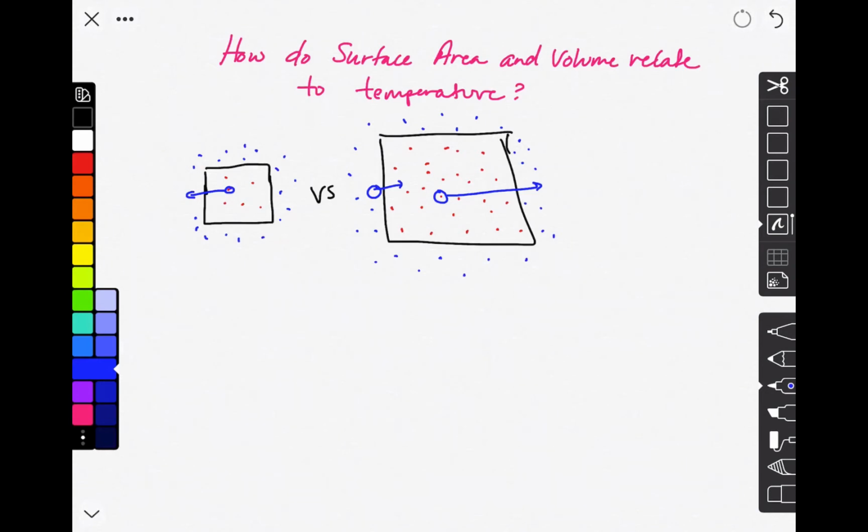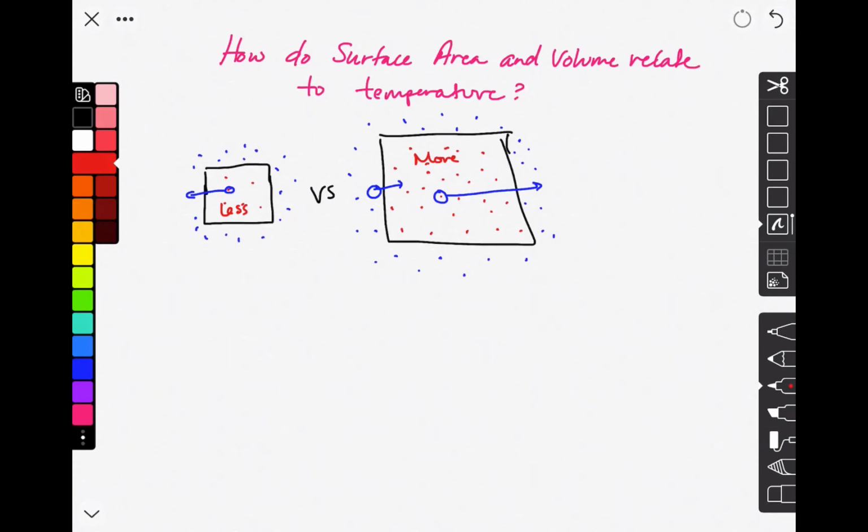In addition to this surface area, if we were to count up the number of dots, and I'm not going to bore you by doing that, but this one's going to have more red dots than this one, which means more heat or more capacity to generate heat. So in a very general sense, you get this idea that bigger things make more heat, and it's a little bit easier for them to hold on to heat.